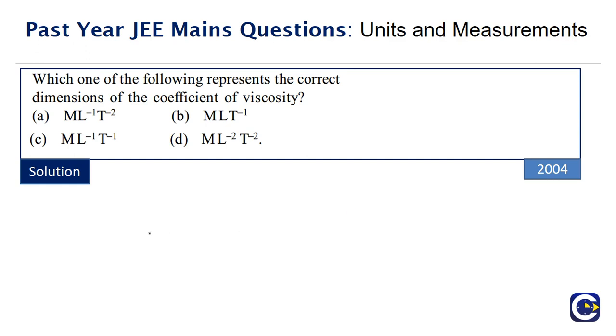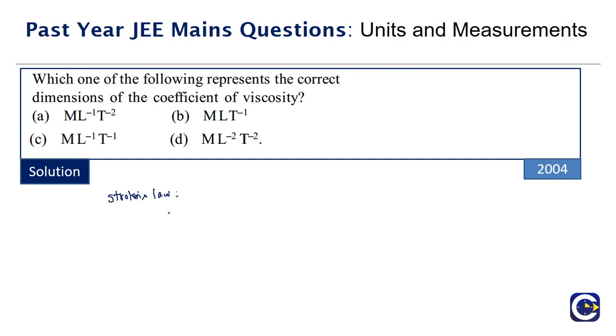Now when you look at the coefficient of viscosity, we have 2-3 formulas in our syllabus where the coefficient of viscosity will be appearing, but among them probably the Stokes law will be more appropriate to find the dimensional formula.